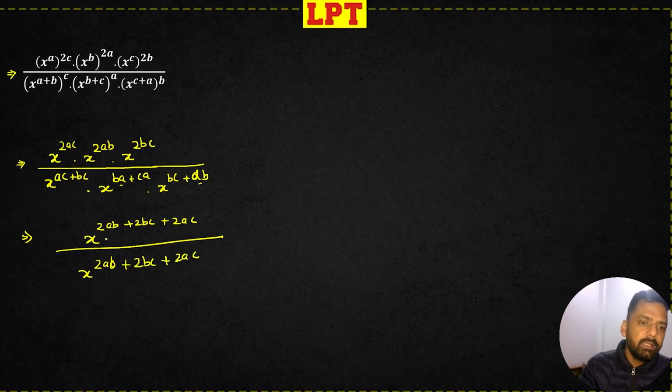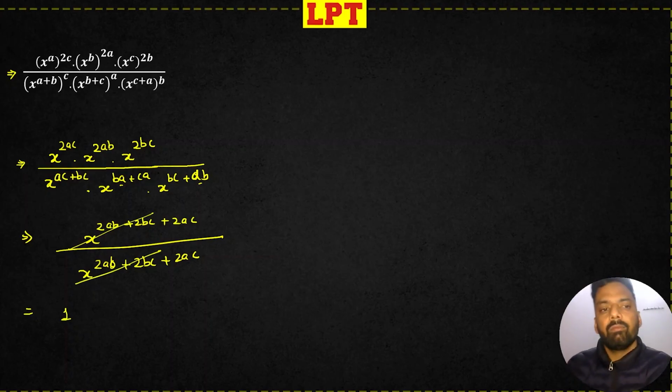You will see that both numerator and denominator have become the same. I can just cancel them out and I will get the answer as 1 for this one also.